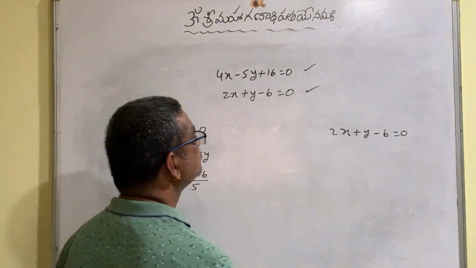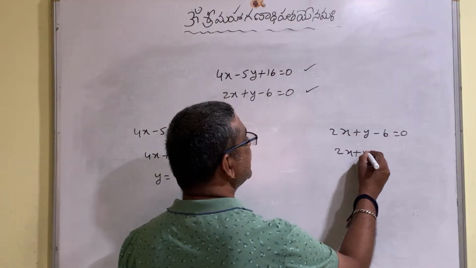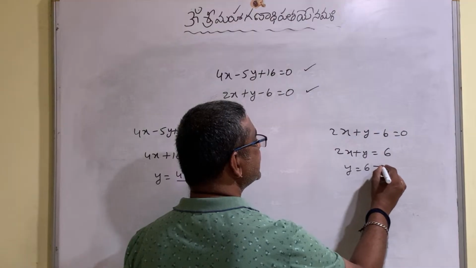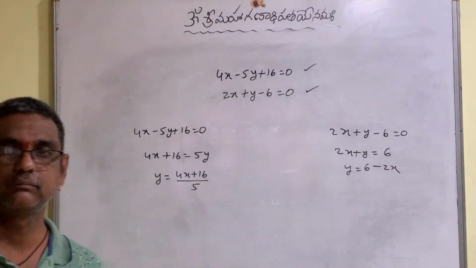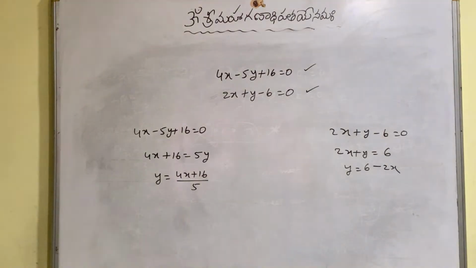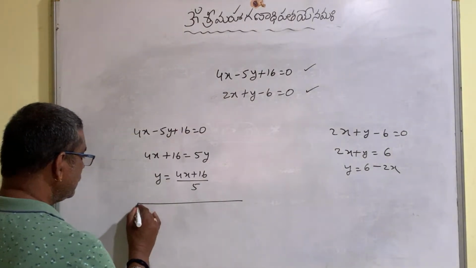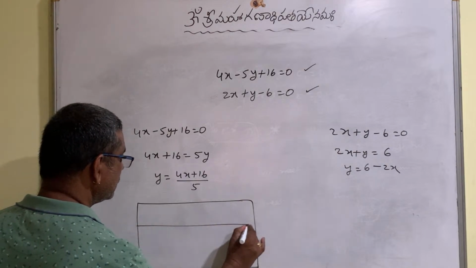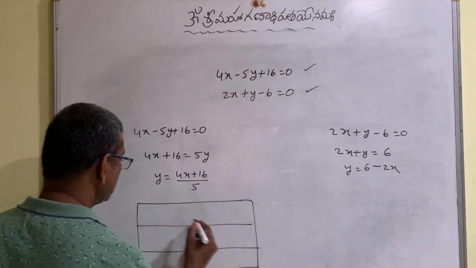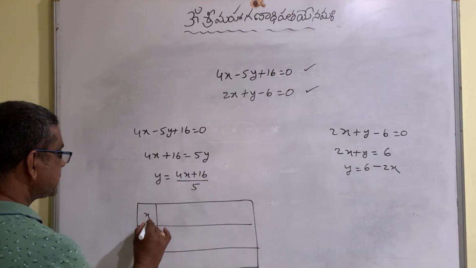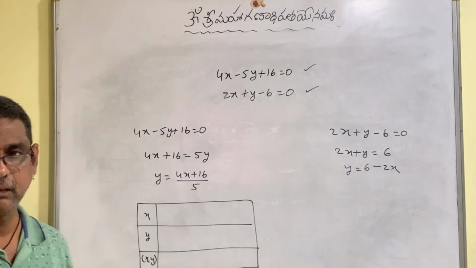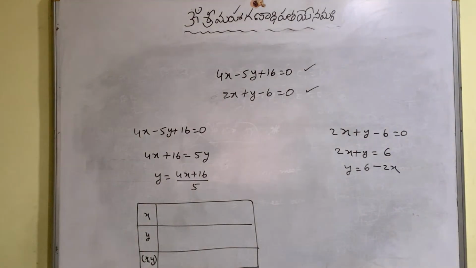And here, 2x plus y is equal to 6, so y is equal to 6 minus 2x. Now, draw the table like this: x, y, (x, y).